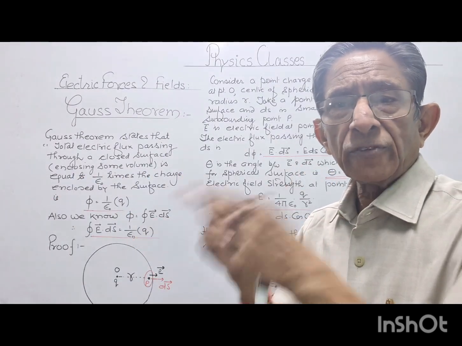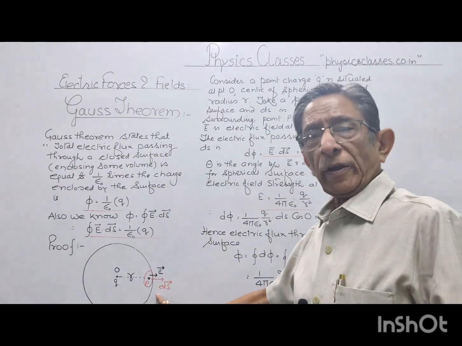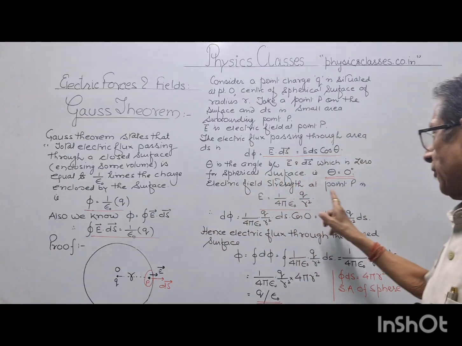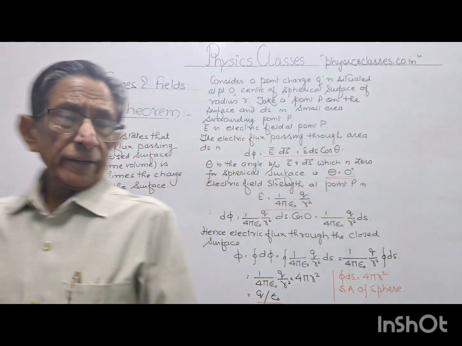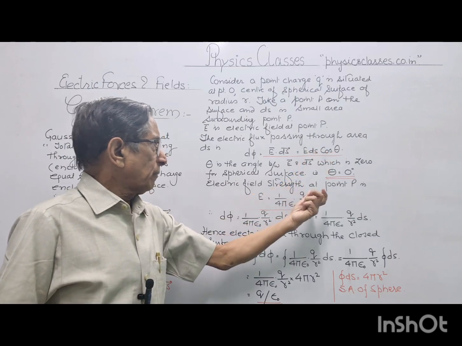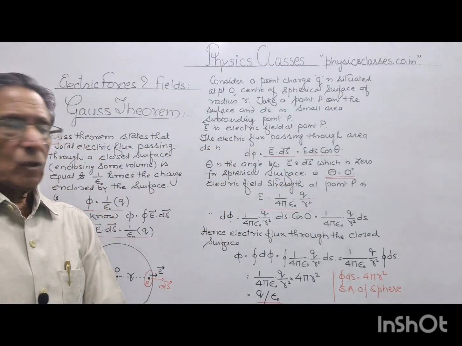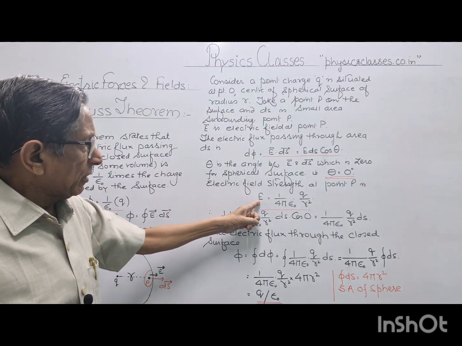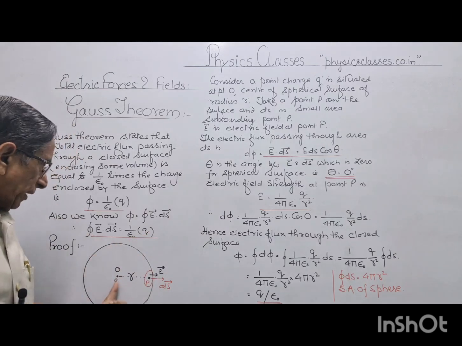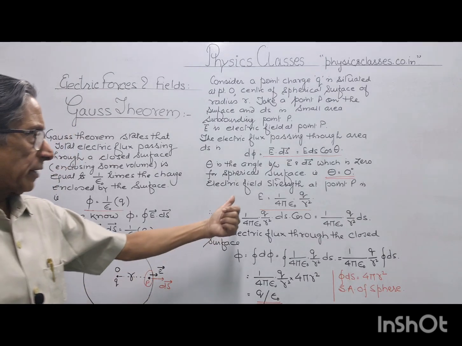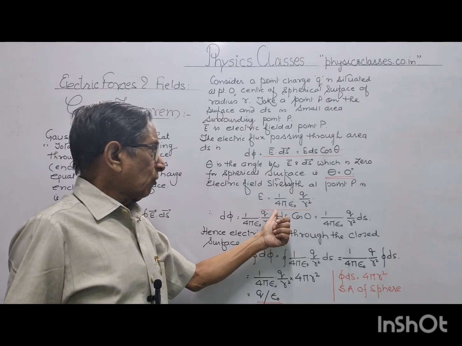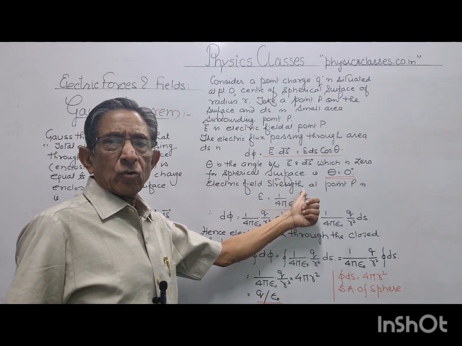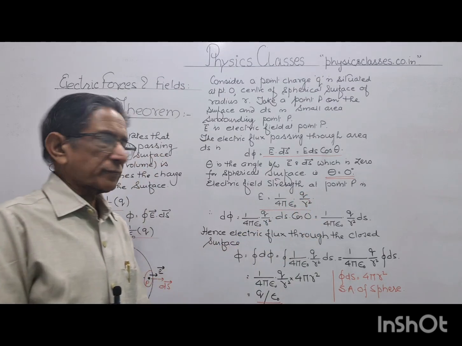They point in the same direction. Since they point in the same direction, theta is equal to 0. If theta is equal to 0, then cos 0 will become equal to 1. Also, electric field due to a point charge at distance r is given by the formula E is equal to 1 upon 4 pi epsilon naught q upon r square.